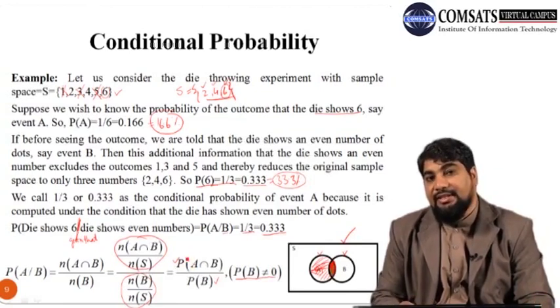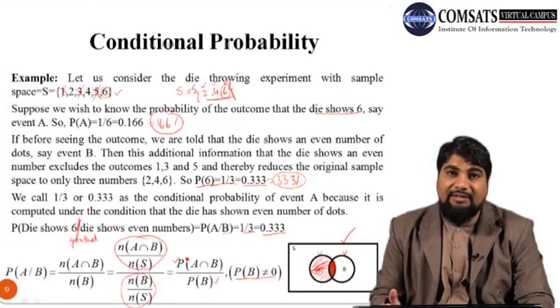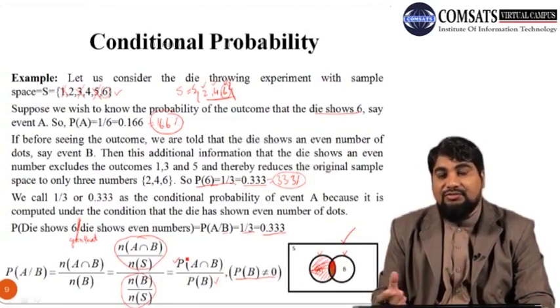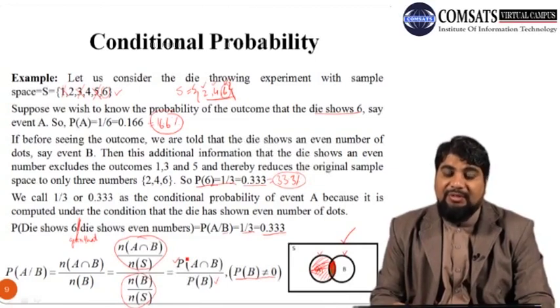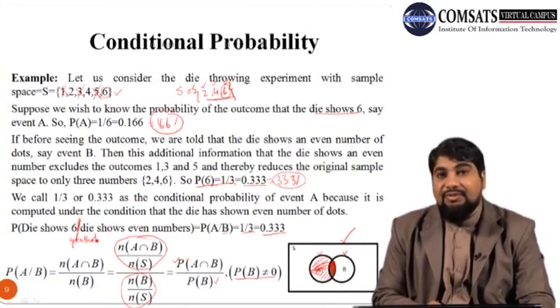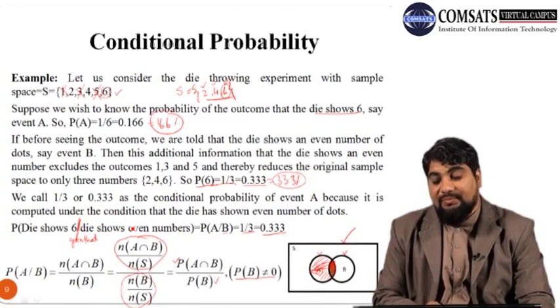So the main idea of conditioning is that whenever we have certain additional information, we use that information in order to calculate the probabilities. We are reducing our sample space.